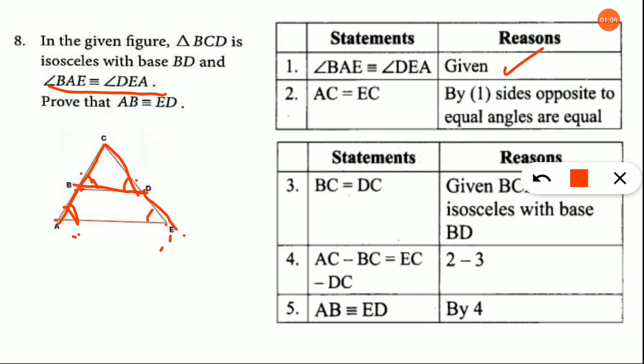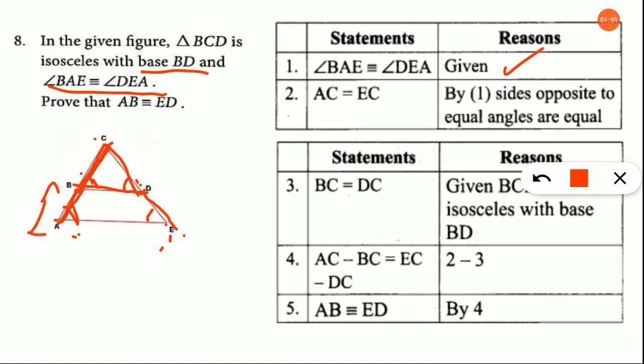Clear? And the third step, BC is equal to DC, because they have mentioned it is isosceles with a base BD. Since it is having the same angle, these two lines will also be the same. Now we are going to equate equation 2 and equation 3. Okay, so AC, this is the entire line AC, minus BC will give us this AB line.